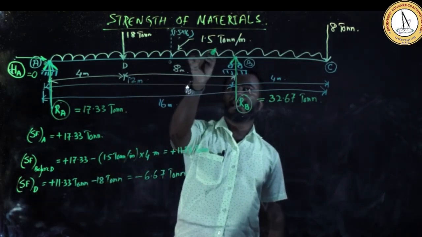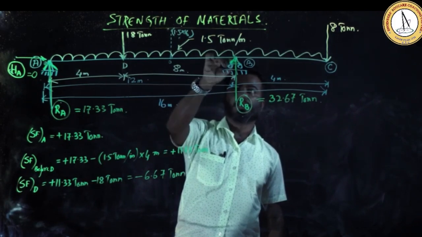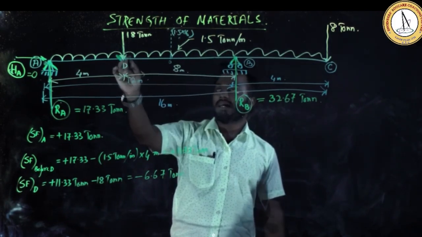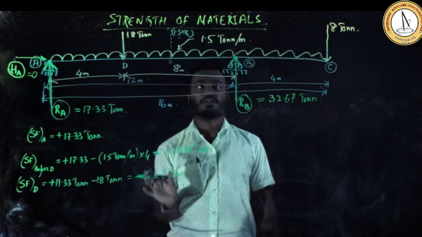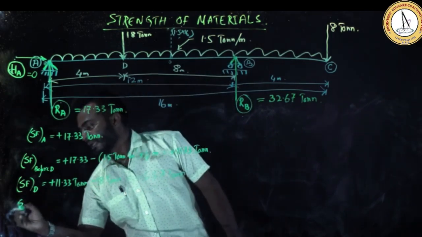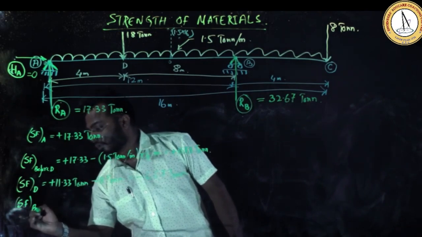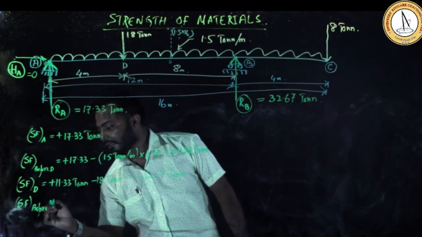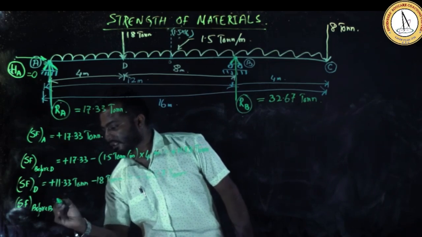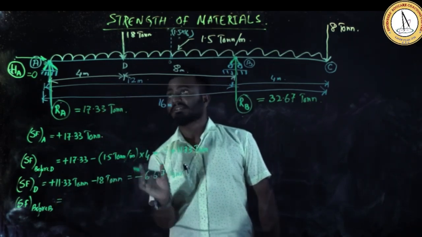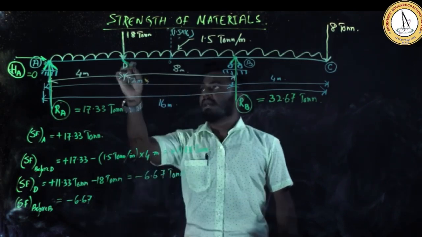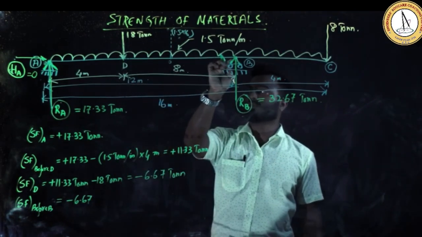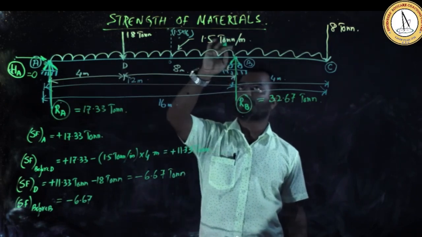Similarly, at B there is the end of the UDL and there is a point load. So again you need to first deduct this force from this algebraically summed force. So SF just before B is equal to, already the algebraic sum is done up to D, so minus 6.67. Again I need to deduct this force, because upward is positive, so all the downward will be negative.